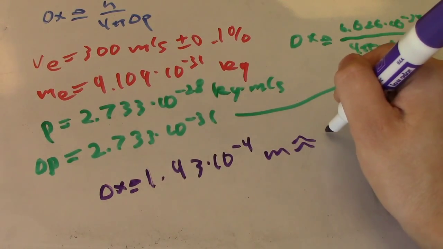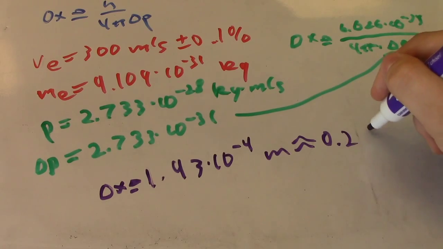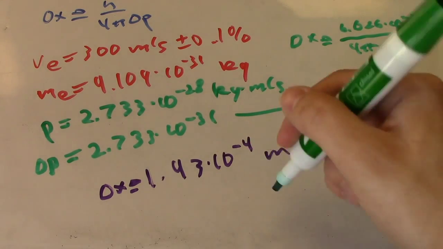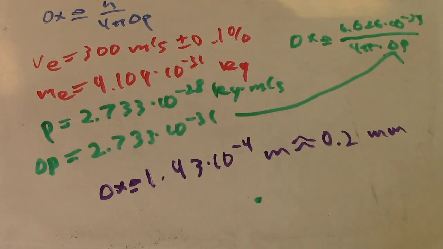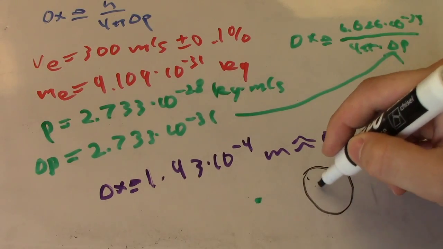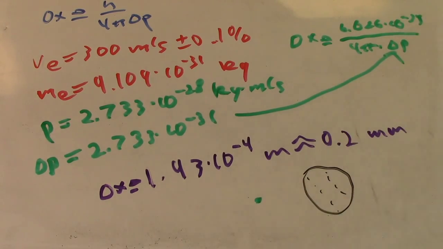This may seem small, but it is actually 12 orders of magnitude bigger than the size of an electron. So we really don't know where the electron is. This is the trade-off of the uncertainty principle. If we know the momentum of something fairly accurately, the position is almost impossible to determine.